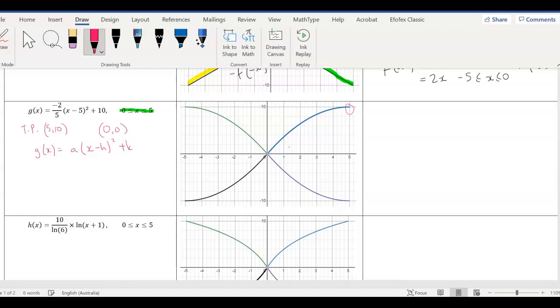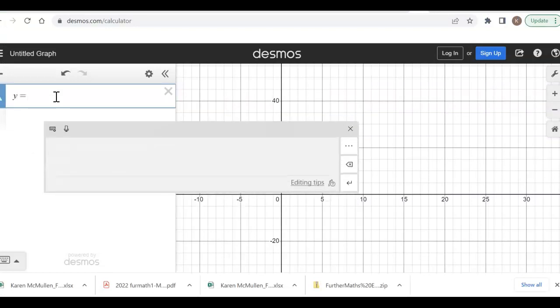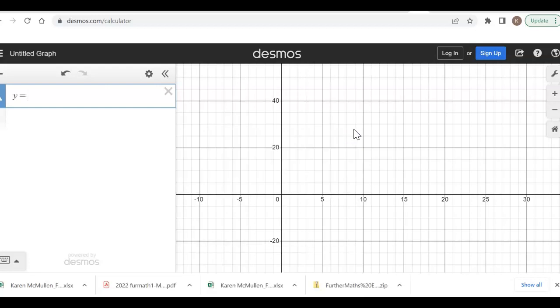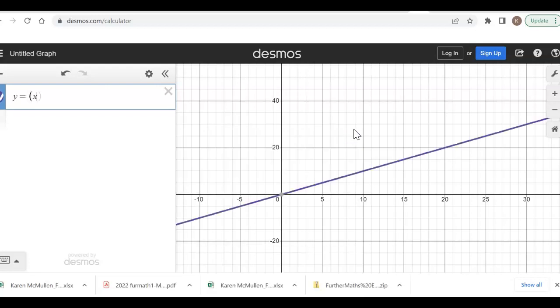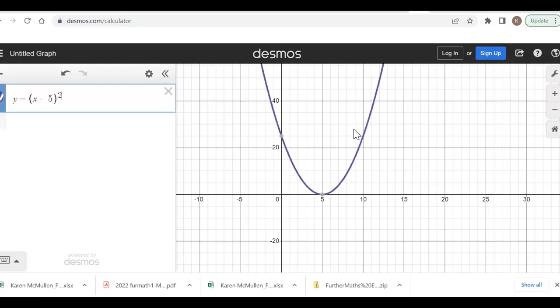Okay, so what I mean by that, let's just have a quick look on Desmos. All right, so we can see there's a parabola with a turning point of 5, 10, but clearly it's not the parabola we want.